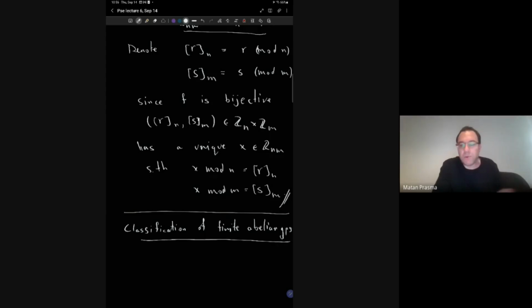And what we mean by classification in mathematics is you take some kind of abstract object, like a finite abelian group, just a finite set with a binary operation and so on, and you give an exhaustive list of all the possible forms it can take.